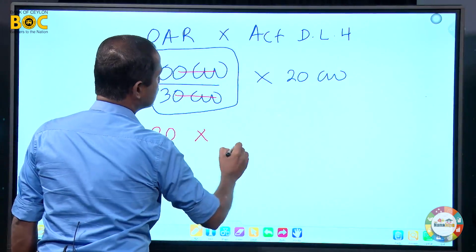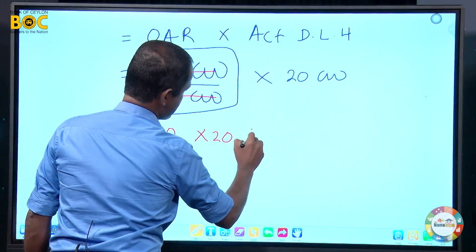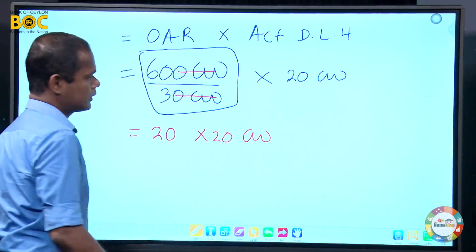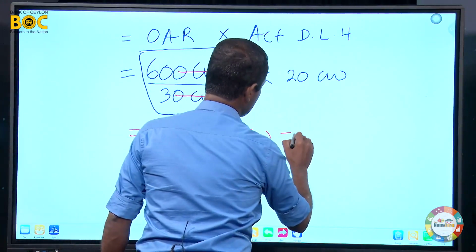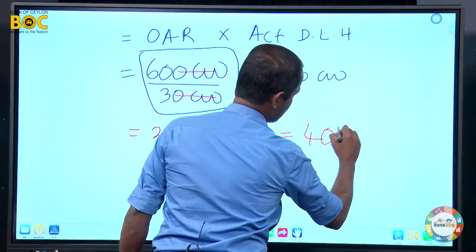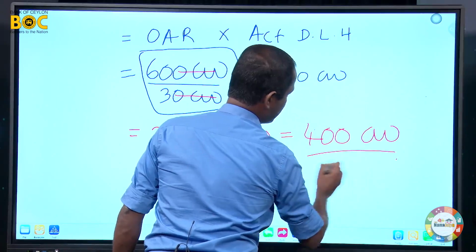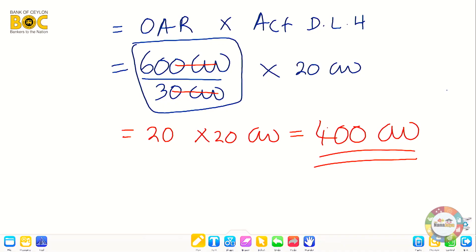20 rupees into 20,000 gives 400,000 rupees.